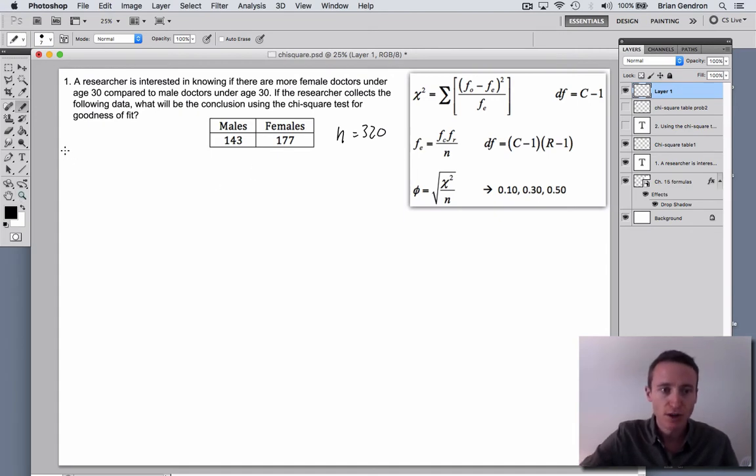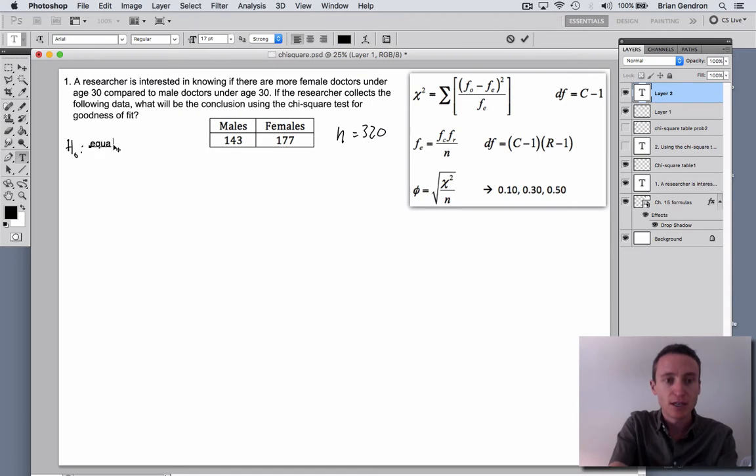So the null hypothesis is saying that there is no difference between groups, that they have equal frequencies or equal proportions between groups, between samples.